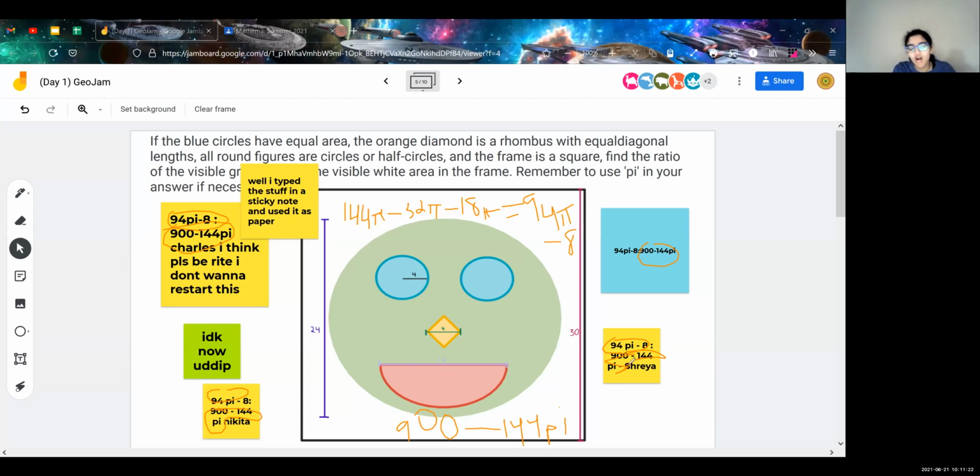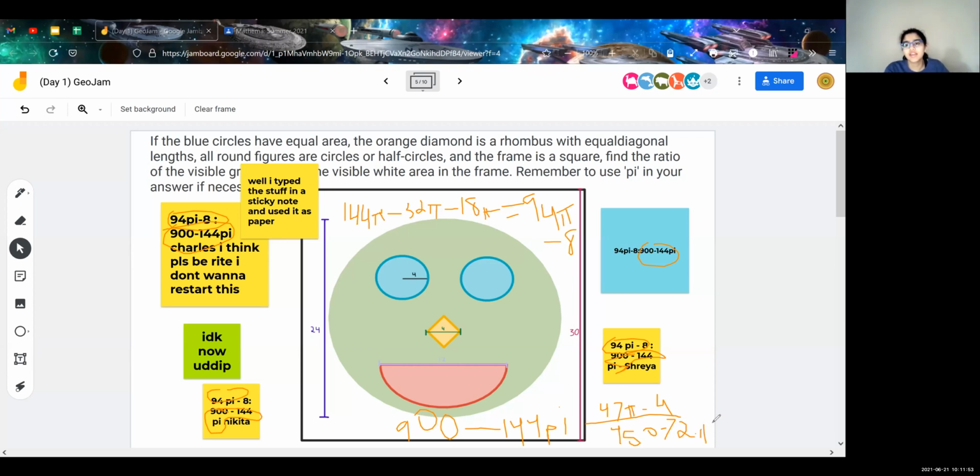You can divide all terms by 2, and then you get 47 pi minus 4 over 450 minus 72 pi.